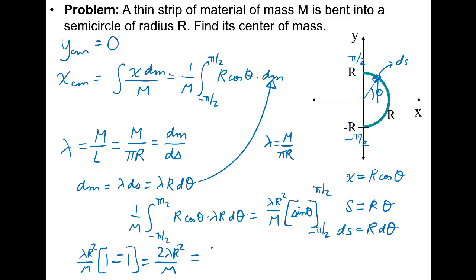So this becomes 2 r squared m over pi r m. So 2r over pi is the location of the center of mass. Okay, so that kind of wraps this segment up, and in the next one we're going to finish our discussion of momentum by talking about the motion of a system of particles.